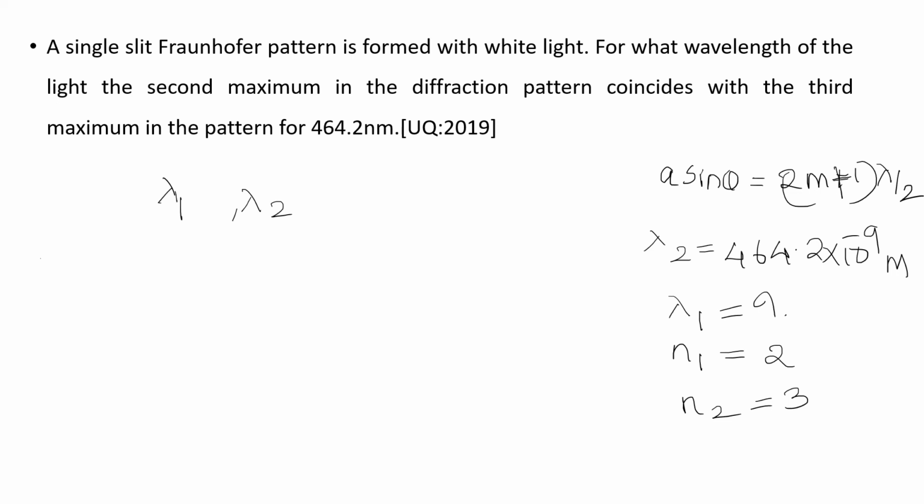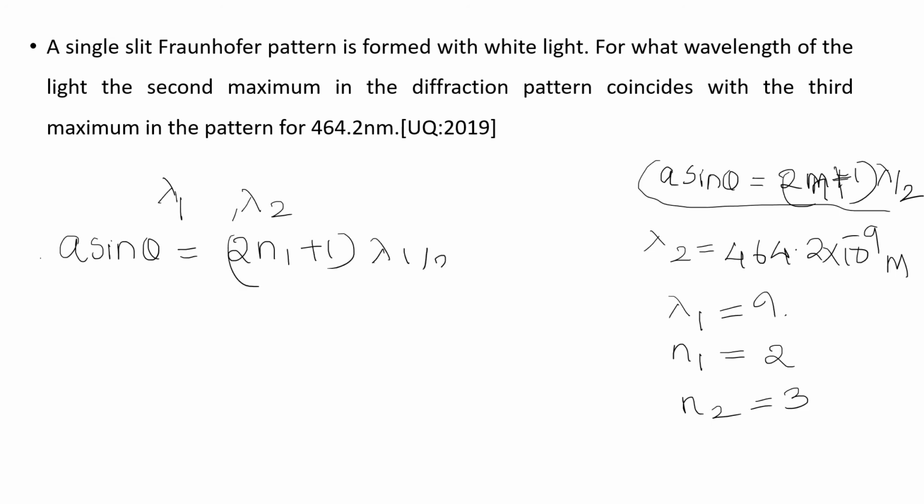According to this equation, a sin theta is equal to (2n plus 1) into lambda by 2, and we use n because we are representing two different values. For the first one, a sin theta is equal to (2n1 plus 1) into lambda 1 by 2.